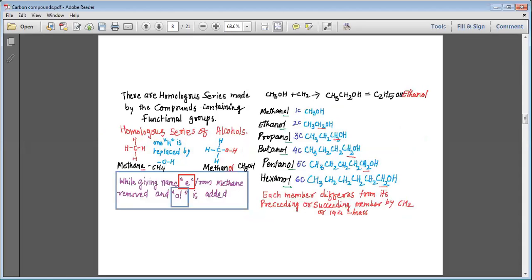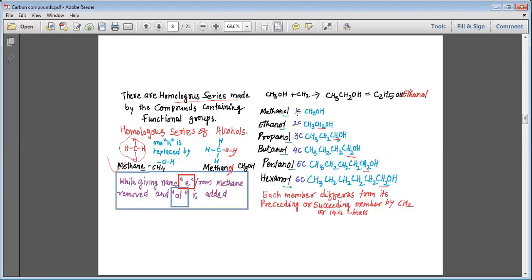Then, my dear students, yesterday we have studied about the homologous series of the alcohol. We have seen that alcohol, if you remove the one hydrogen from the alkane, and instead of that hydrogen if you put OH, it turns into alcohol. When you write the name of the hydrocarbon methane, you just remove this E and add OL so that you can get the name of the alcohol.